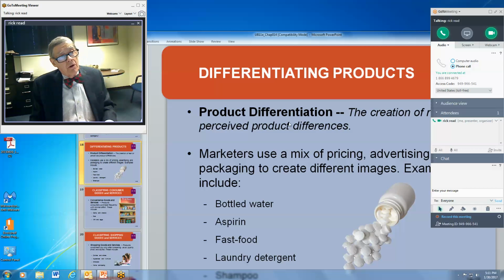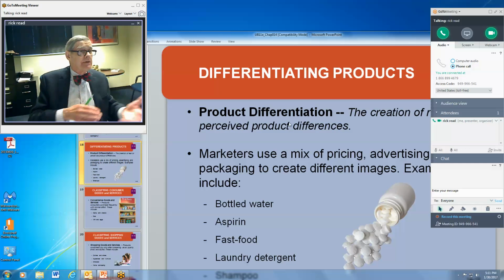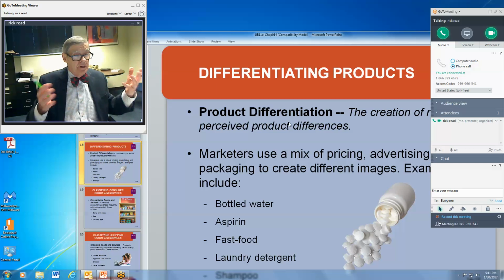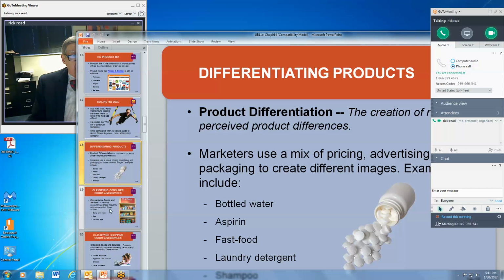You can go to Kroger and buy their brand of quote-unquote Tylenol, whatever they call it, and it's essentially the same as Tylenol. So what we're doing here is differentiating our product based on something: packaging, price, convenience, whatever it happens to be. Laundry detergents are the same.